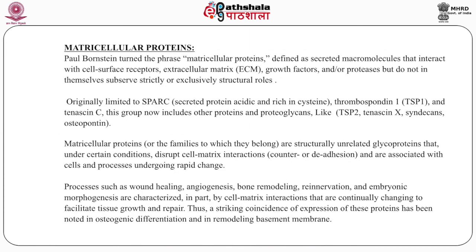Now, apart from integrins, there are another group of proteins discovered called the matricellular proteins. Paul Bornstein turned the phrase matricellular proteins defined as secreted macromolecules that interact with cell surface receptors, extracellular matrix, growth factors, and or proteases, but do not in themselves subserve strictly or exclusively structural role.